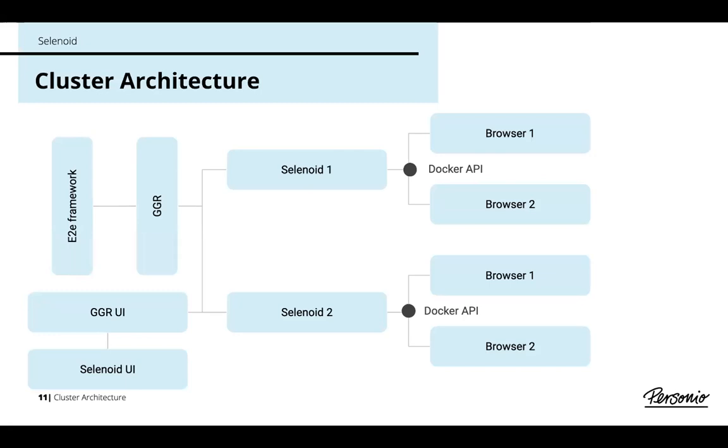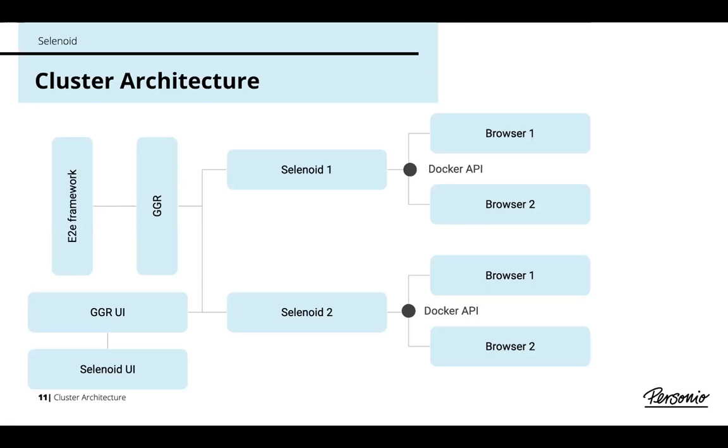Then, based on this session, the browser creates the session ID, and the session comes back to your end-to-end framework. And basically, based on this session, the whole path goes in both directions. This is how the end-to-end framework and the browser speak to each other.